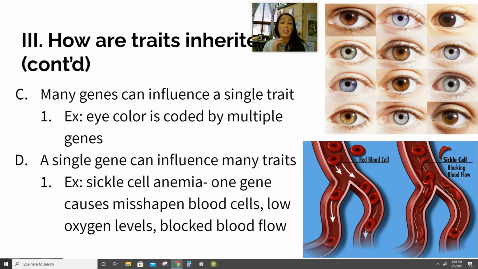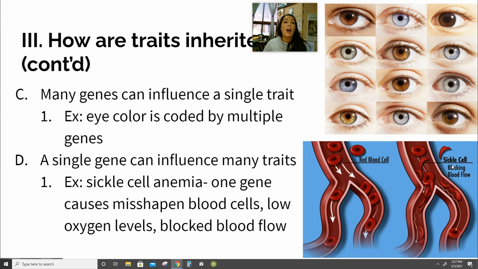This is the case for sickle cell anemia. Sickle cell anemia is what you see in this bottom right-hand diagram. This is a condition where instead of blood cells being kind of like an inner tube or donut shape, even though there's not a hole in the middle, it's more of an indent, some of the blood cells are shaped like a sickle, like a crescent moon.